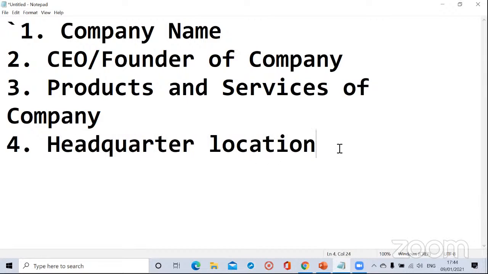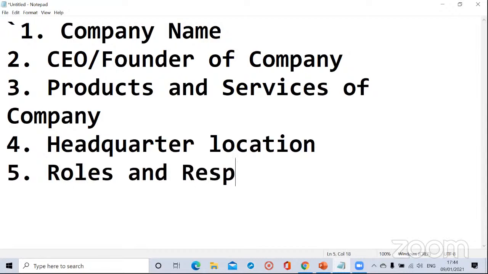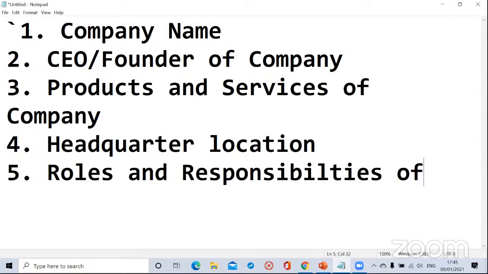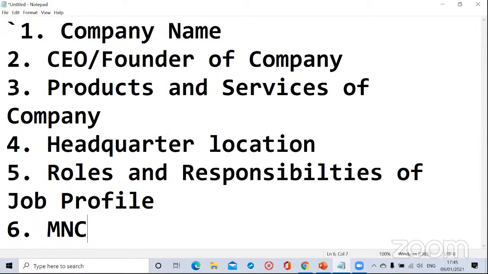And next is the roles and responsibilities of the job profile, that you also should know. Sixth is whether it is an MNC company or a national or local company.